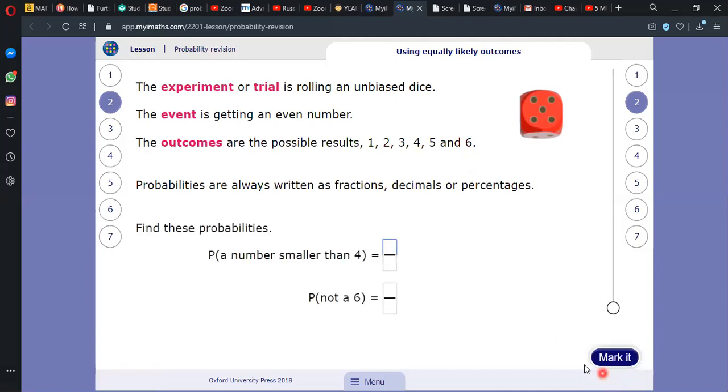And also we can therefore solve these probabilities based on the knowledge we have so far. It would do us a lot of good, guys, to quickly put in here that probabilities are always written as fractions, decimals, and percentages.